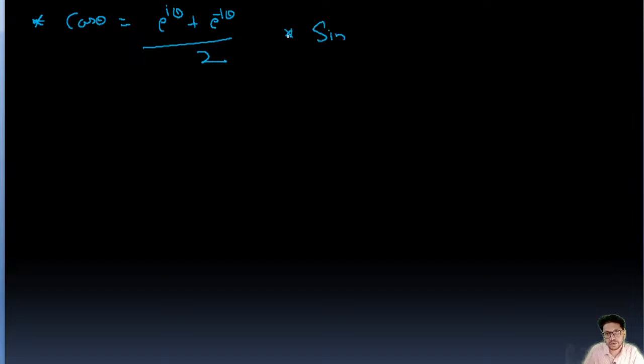And some other basic points: we know cos theta equal to e to the power i theta plus e to the power minus i theta upon 2, and sin theta equal to e to the power i theta minus e to the power minus i theta upon 2i.